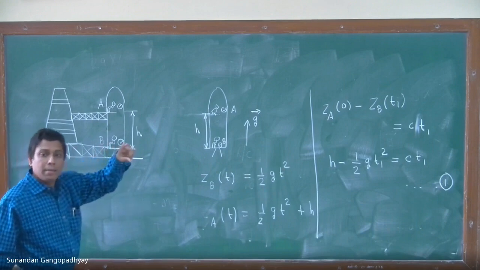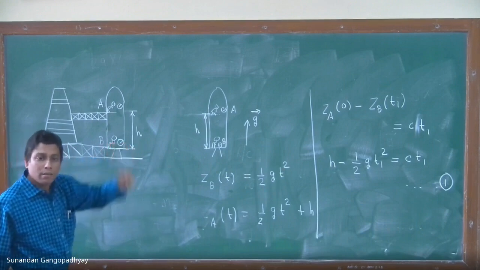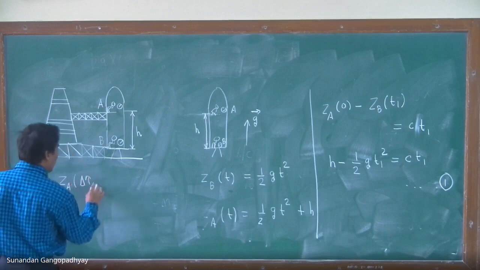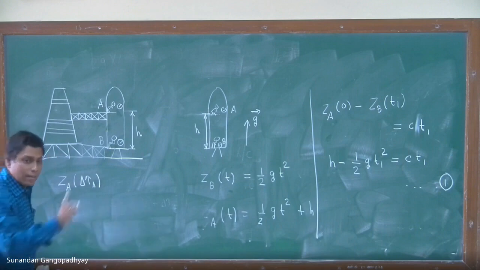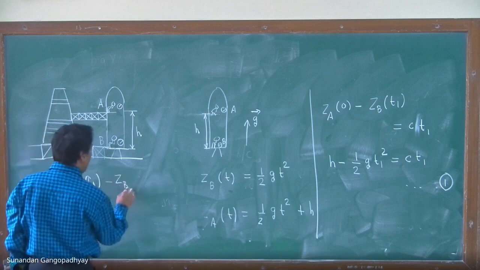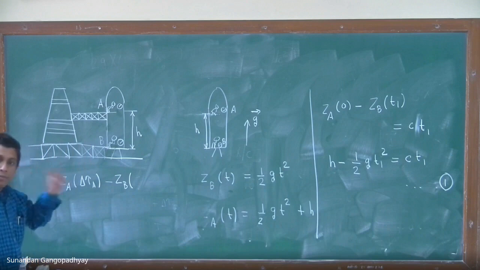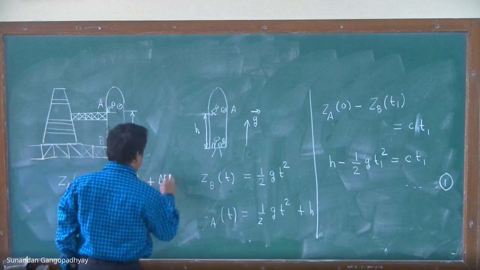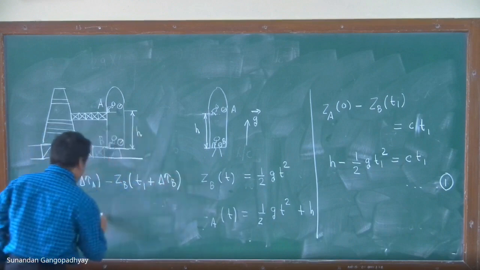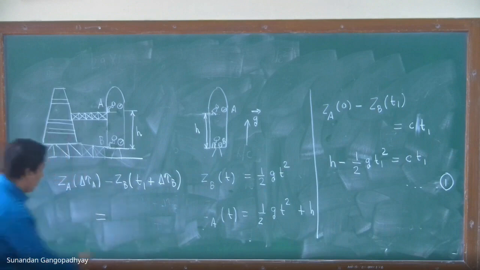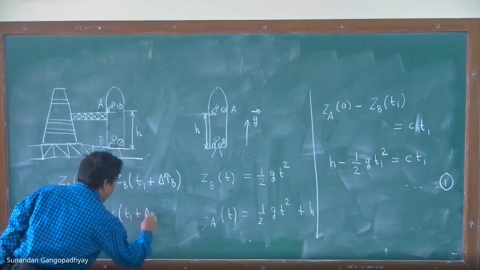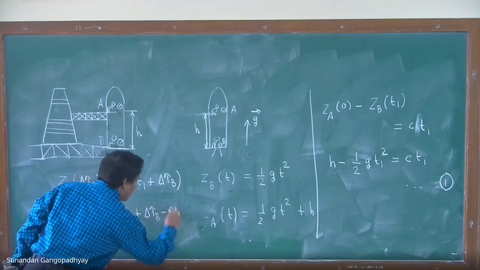Alice has sent the second pulse at delta tau A interval. So at that time her position was ZA(delta tau A) minus ZB. What is the time after which Bob receives it? t1 plus delta tau B. And that is equal to c times (t1 plus delta tau B minus delta tau A).